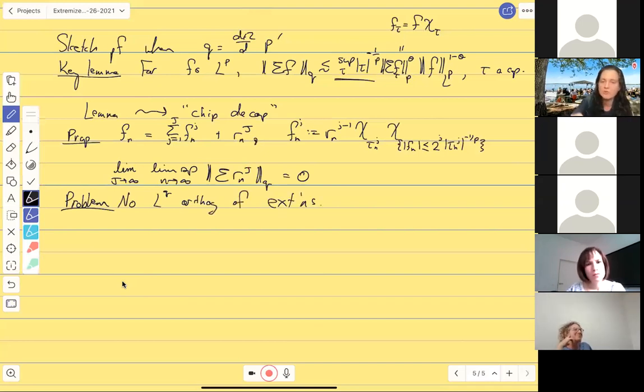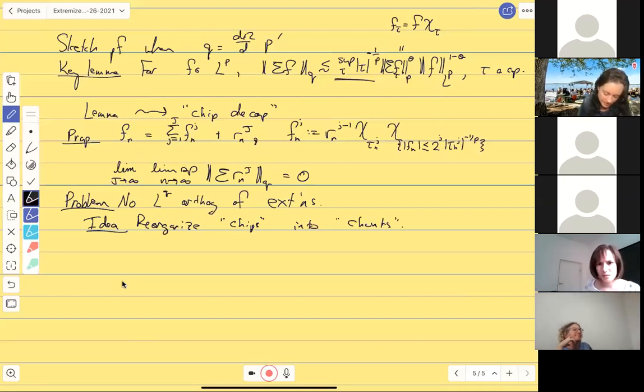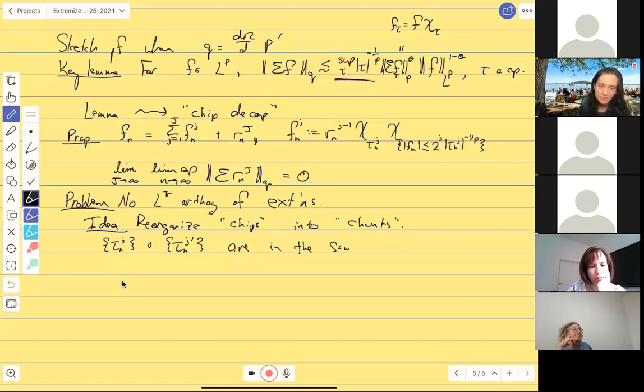Okay, and so in order to regain that L^q orthogonality, we're going to reorganize those chips into chunks. We say that tau in j and tau in j prime are in the same chunk if their sizes are comparable, meaning this limit is in (0, infinity): it's not 0 and it's not infinite.